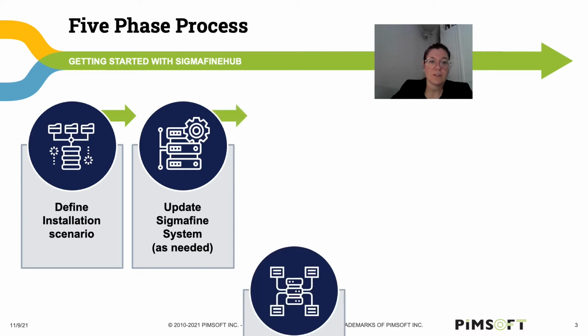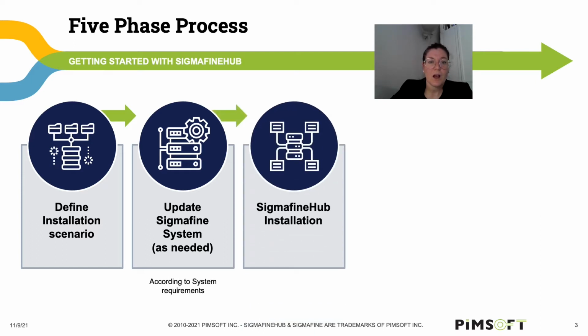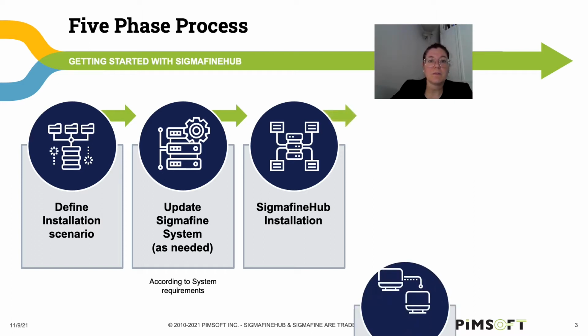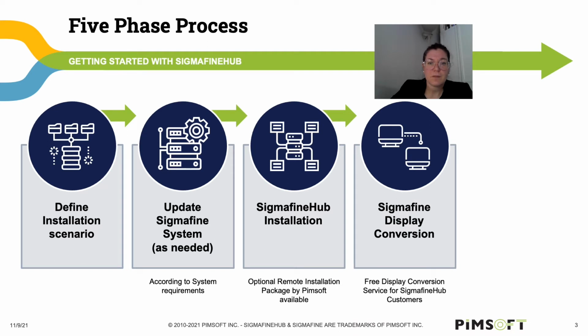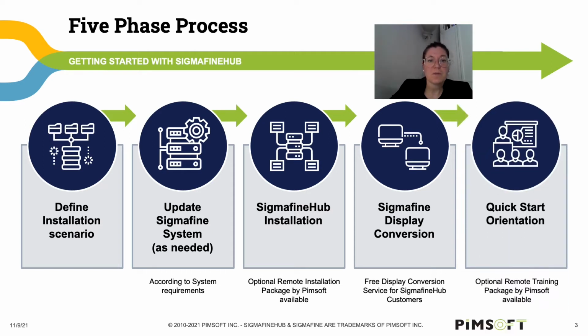Third, install Sigmafine Hub. An optional remote installation package is available for this step. Fourth, Sigmafine Display conversion. A free online display conversion service is available to all Sigmafine Hub customers. Fifth, Quick Start orientation. An optional remote package by Pimsoft is available also for this step.